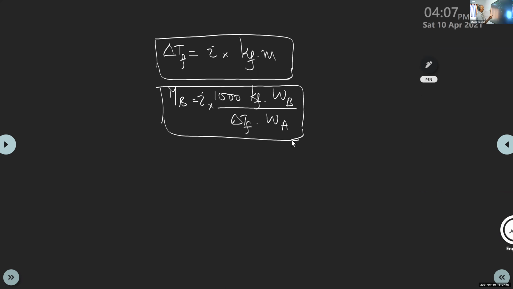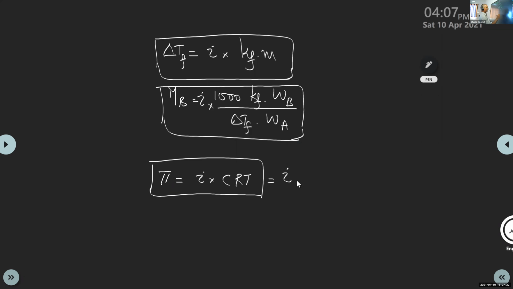Similarly, there is one more term, and that is osmotic pressure. We know the relation. Osmotic pressure is equal to CRT. That is our first equation. Now you multiply this by I. So osmotic pressure pi is equal to I into CRT. And this is I into C, where C is the concentration, that is molarity, number of moles per liter.